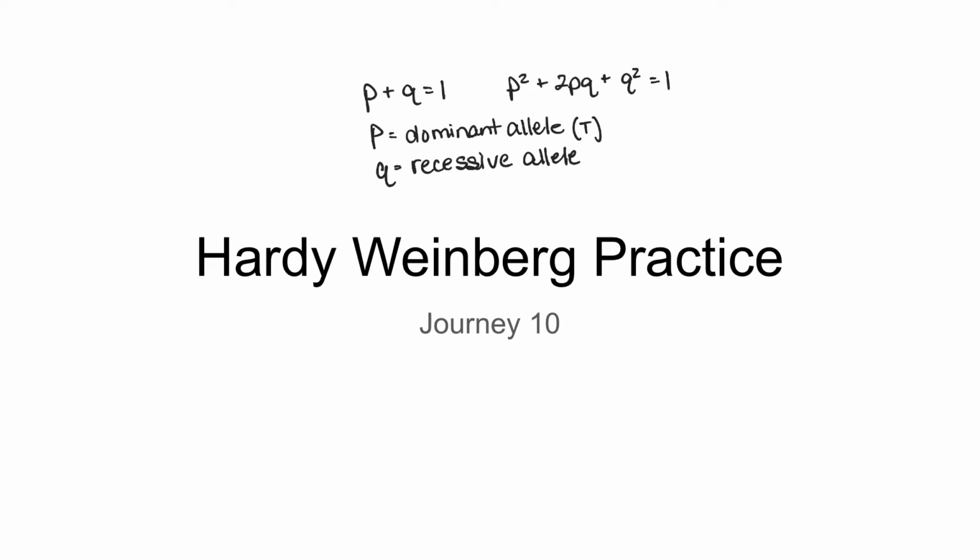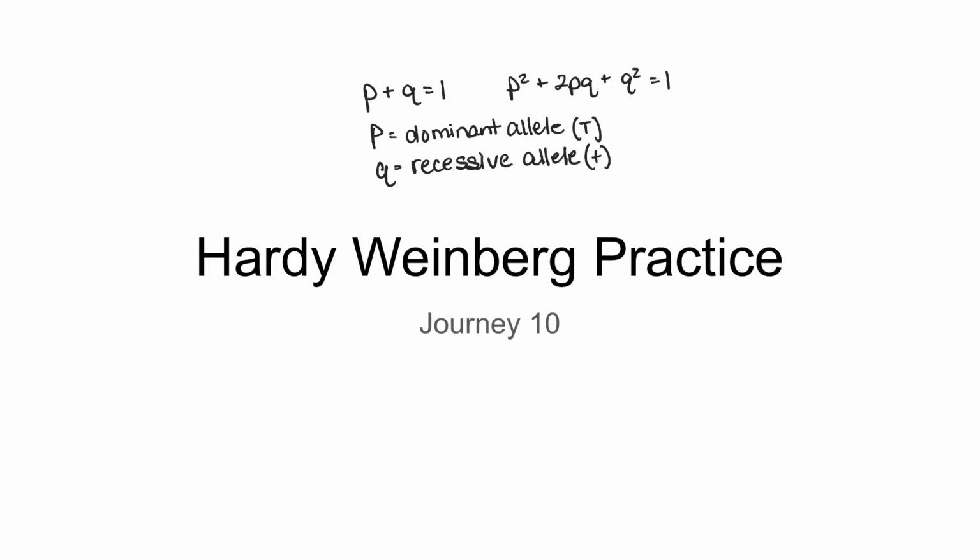And so if they're asking you to find the frequency of the dominant or recessive allele, you're looking for p or q.